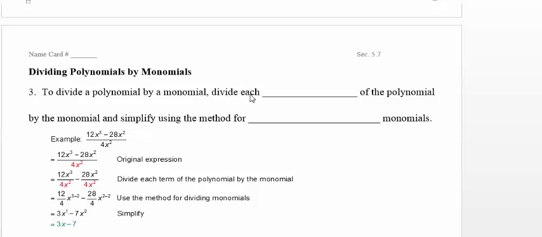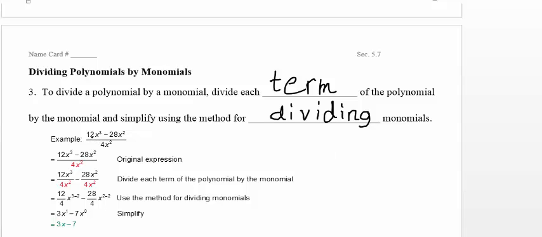To divide a polynomial by a monomial, we're going to divide each term of the polynomial by the monomial, and we're going to simplify using the method for dividing monomials. So what we essentially do is turn this into several problems like the ones we just worked.